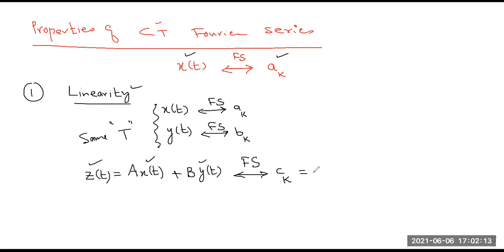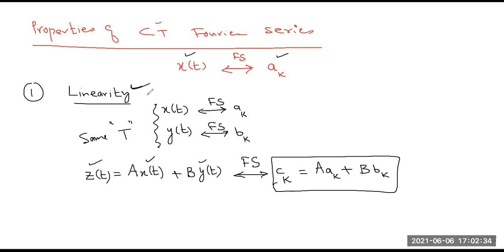So what will be the relationship of c sub k? c sub k will be equal to constant a times the Fourier coefficient of x of t plus constant b multiplied with the Fourier coefficient of y of t. This is what is the linearity property.